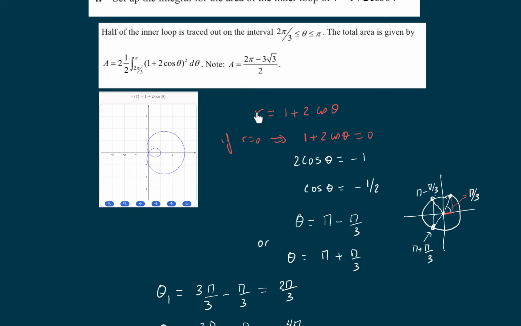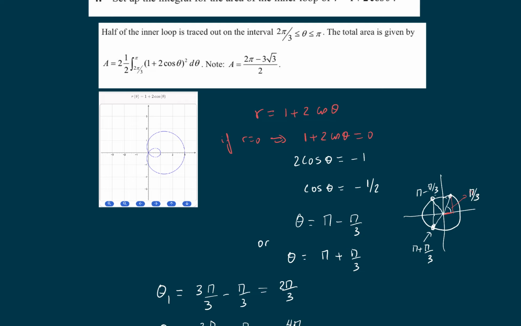So I would say, if r of theta is 1 plus 2 times cosine of theta, if r is 0, it's because 1 plus 2 times cosine of theta is 0. So it means that 2 times cosine of theta is minus 1. It means that cosine of theta is minus 1/2.